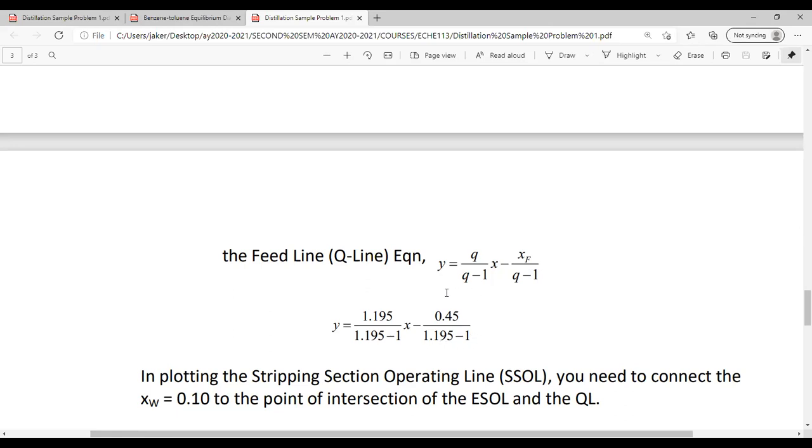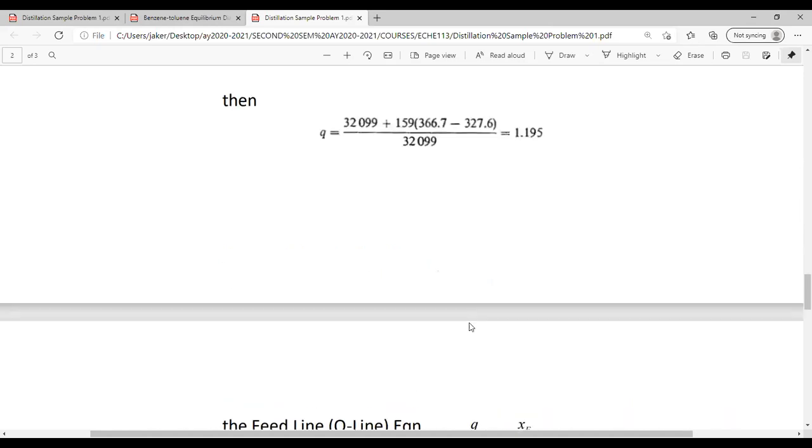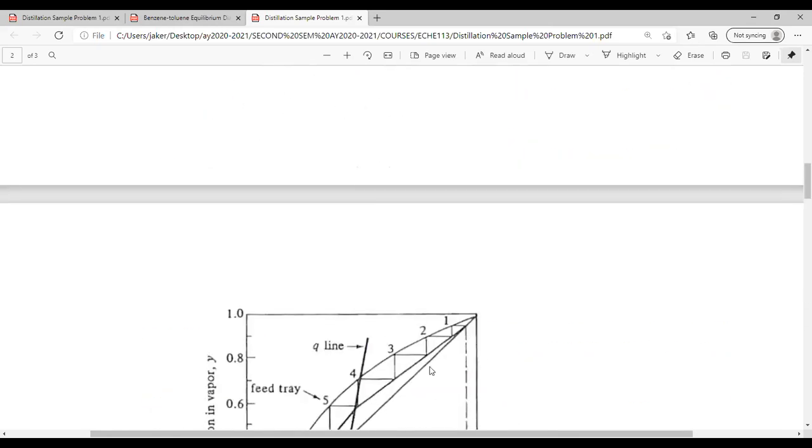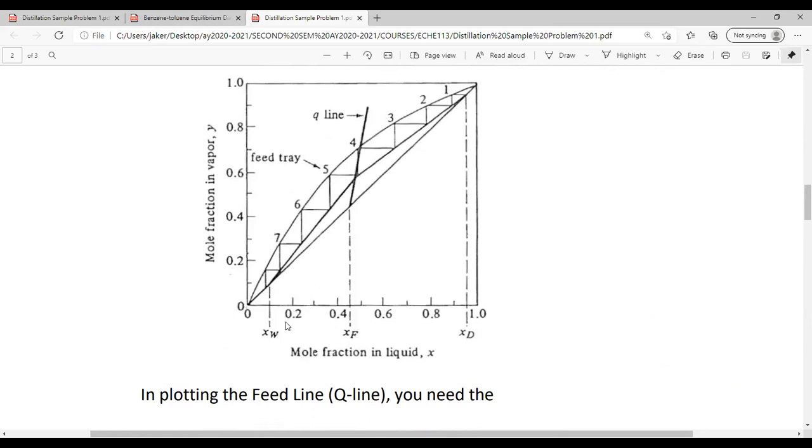You'll need this value to plot on the lower part of the X and Y diagram. Anyway, what you need is just the portion of the line on the upper part of the 45-degree line. So if your negative intercept is somewhere here and you connect it to the point 0.45 on the 45-degree line, you just start somewhere here, then go there. It's not that you will draw an entire line from the negative part going up.